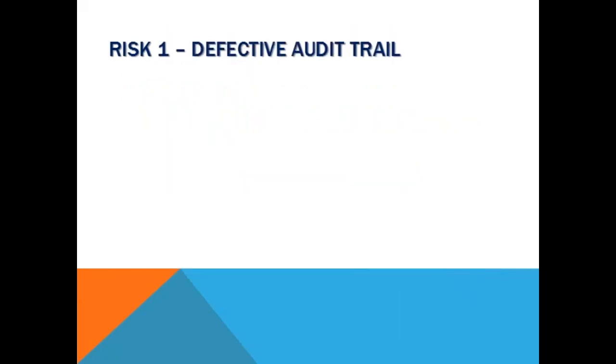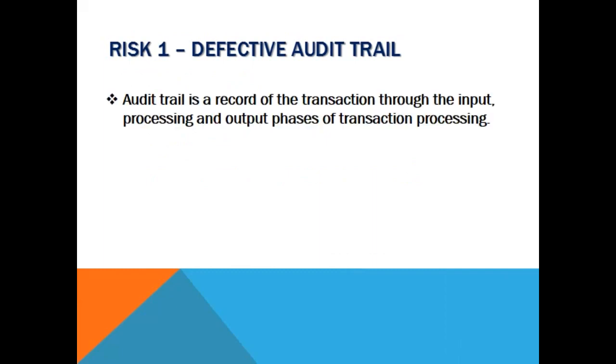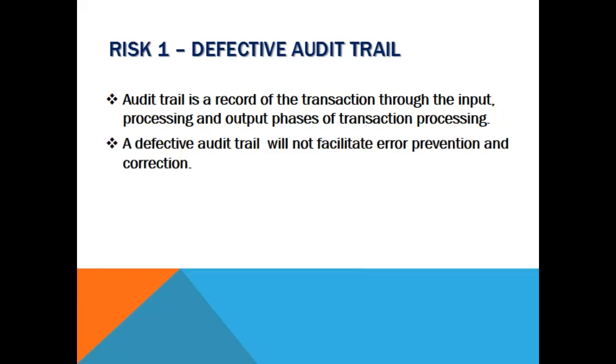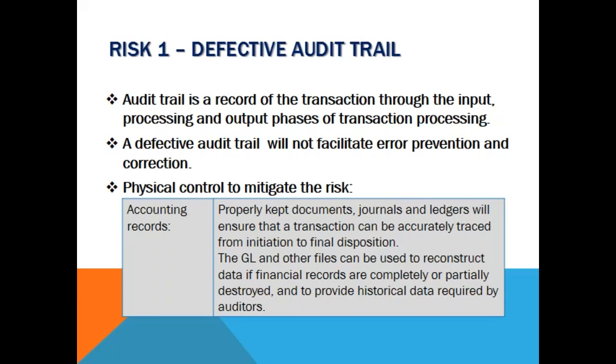The first risk is having a defective audit trail in the GLS and FRS. Now, the audit trail is a record of the transactions through the input, processing, and output phases of transaction processing. A defective audit trail will not be able to facilitate error prevention and correction. The main physical control to mitigate this risk is to have proper accounting records.